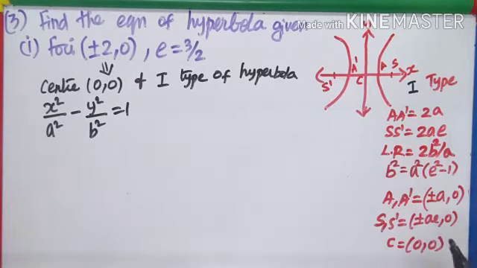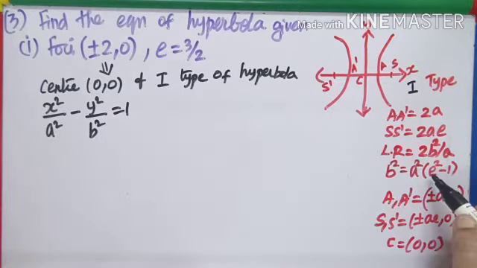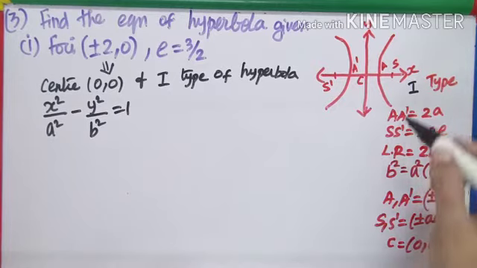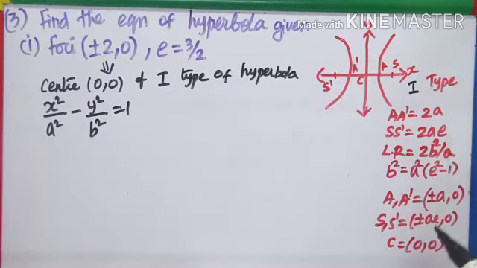Ellipse and hyperbola, all the formula will be one and the same except this E value which is greater than 1 in hyperbola. So in ellipse I write 1 minus E square, whereas in hyperbola I write E square minus 1. That is the only change. The remaining formula as we discussed in ellipse, we can keep it.